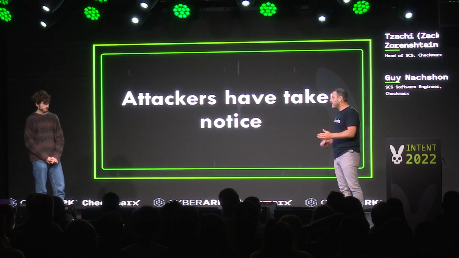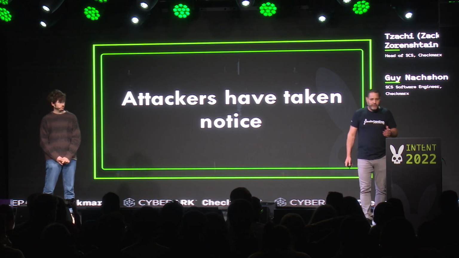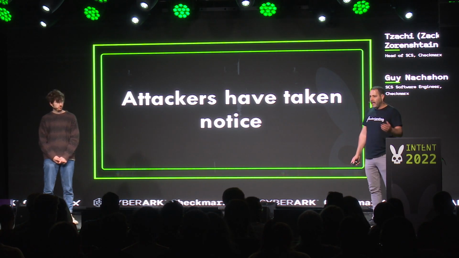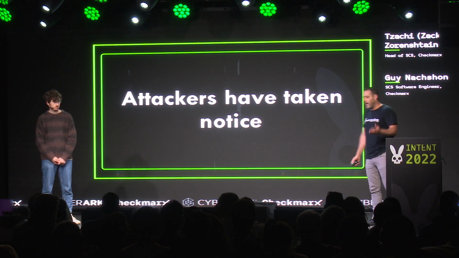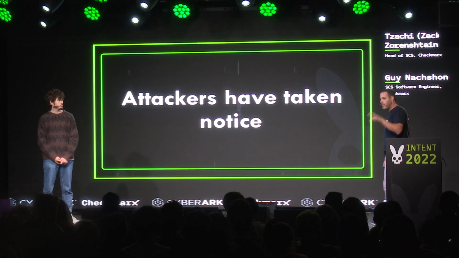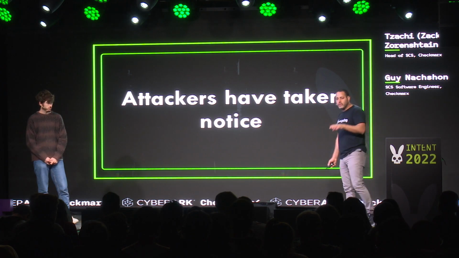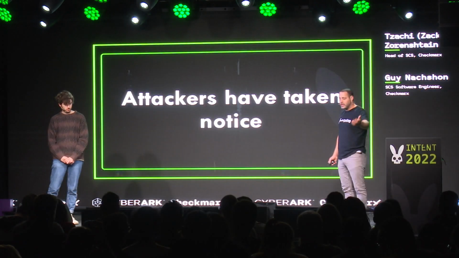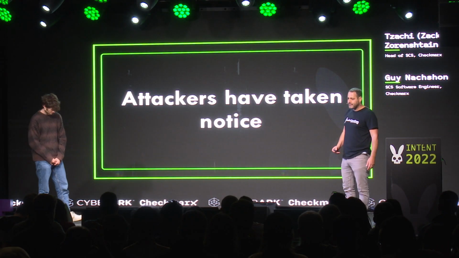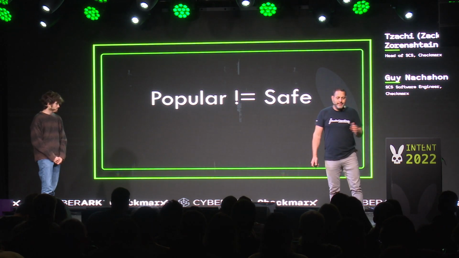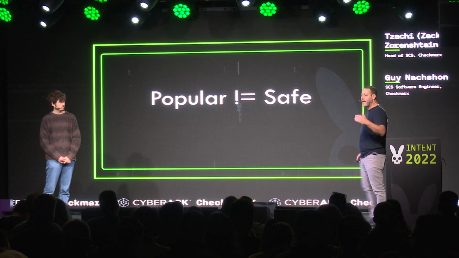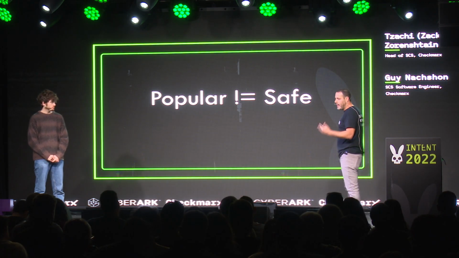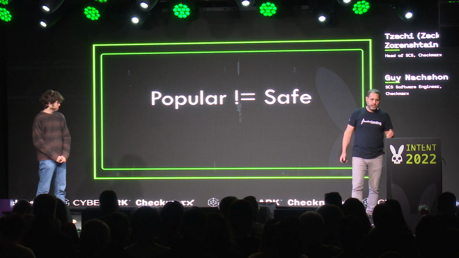It seems like every other year we are finding a new and more sophisticated attack. And some of those attacks are actually based on popular packages. So what we've come to learn this year and to share with you is basically that popular doesn't mean safe anymore. And we're going to show you how attackers are abusing that to get ahead of the competition.